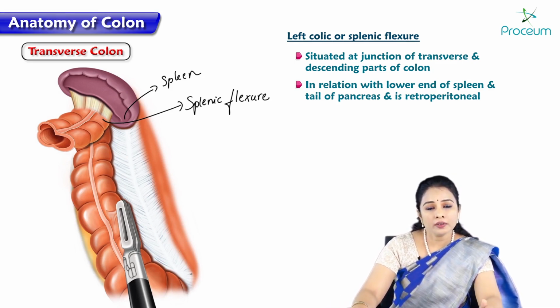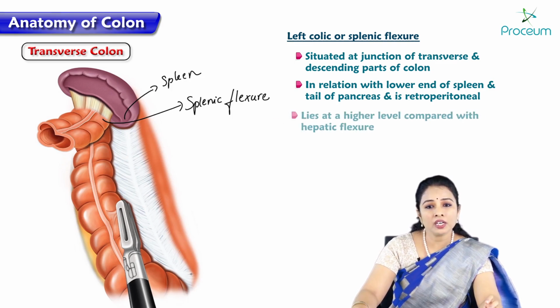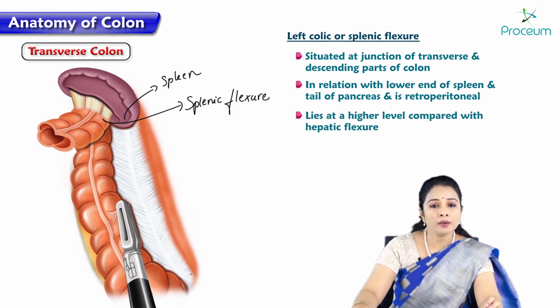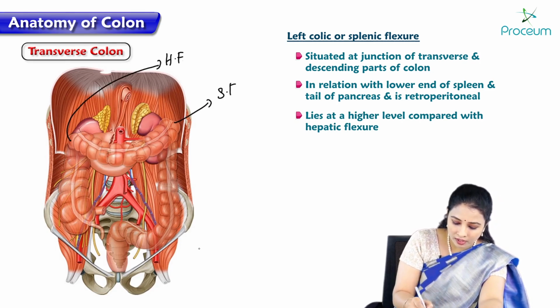So retroperitoneally it is present, it is a retroperitoneal part of colon. The splenic flexure lies at a higher level compared to hepatic flexure. So this side we can see the hepatic flexure at a lower level, and this is the splenic flexure at a higher level.